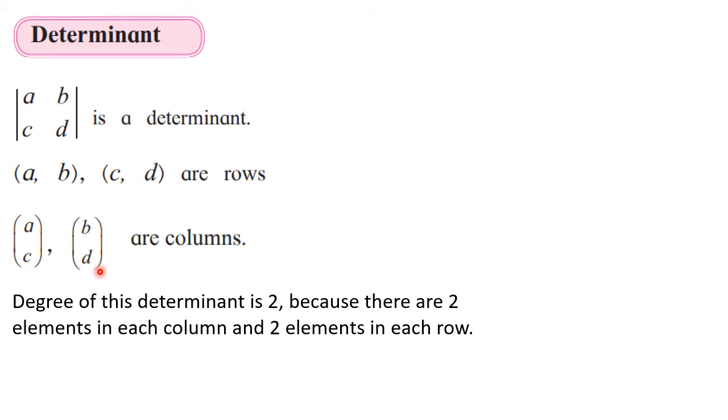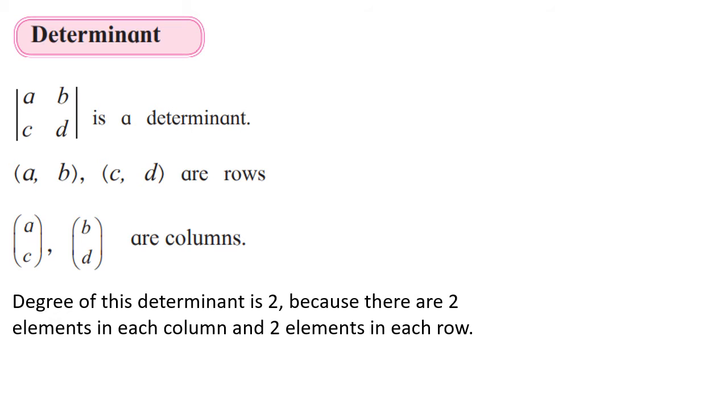So from this we can say that the degree of the determinant is 2 because there are two elements in each column and two elements in each row. Or you can say that there are two rows and two columns. Okay. So here the degree of the determinant is 2. Or you can say the order of the determinant is 2. Or this is a determinant of type 2 by 2. Correct?